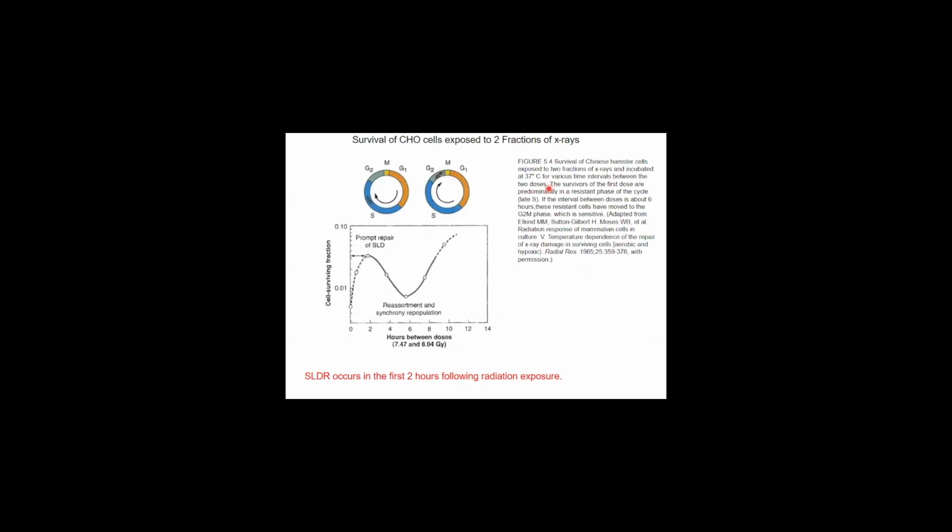So here we go. Let's look at the 2 R's that we've learned so far. The first R is reassortment in the cell cycle, where as the cells are going through the cell cycle, they enter into a more resistant phase with the radiation. This is going to occur in the first 6 to 10 hours after.